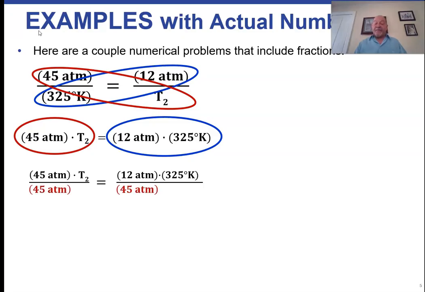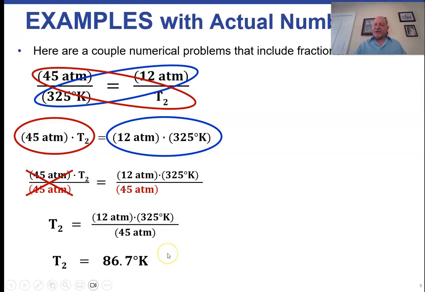The 45 atmospheres cancels itself on the left side of the equation. And now we've simplified our equation to temperature 2 equals 12 atmospheres of pressure times 325 degrees Kelvin divided by 45 atmospheres of pressure. Now we simply plug this into a calculator and we get that the final temperature, the new temperature T2, is 86.7 degrees Kelvin.